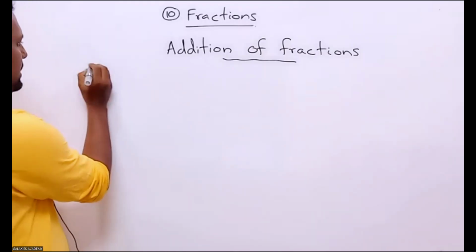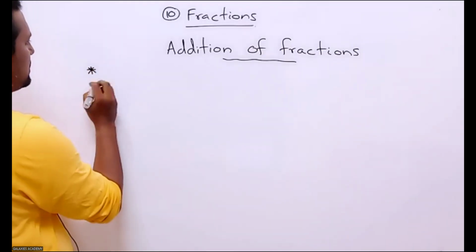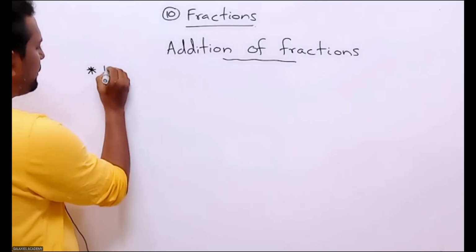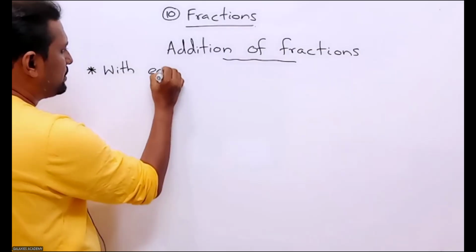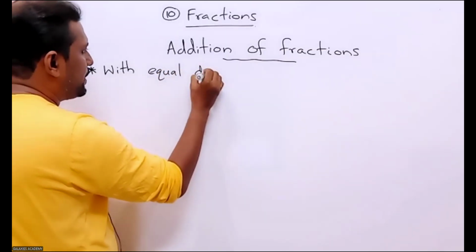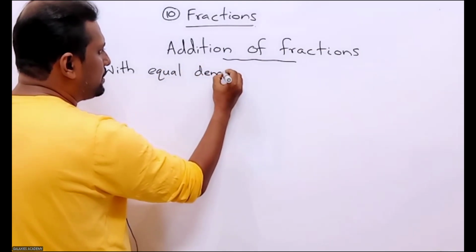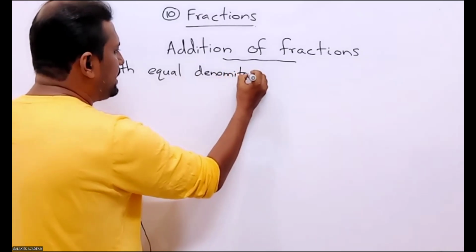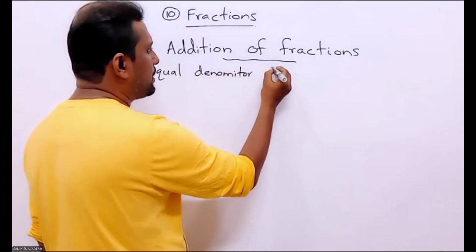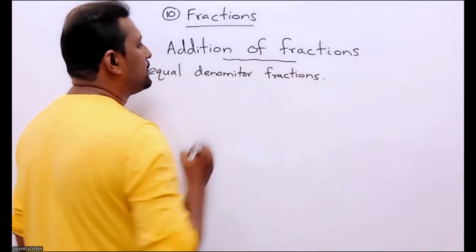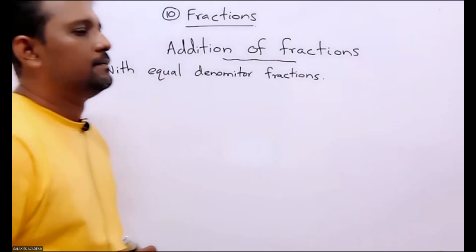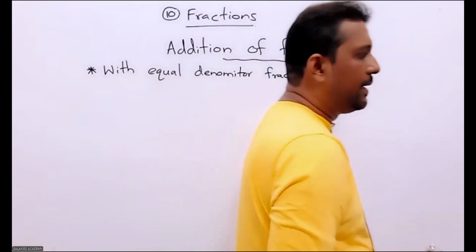First you write as a point: with equal denominator fractions.